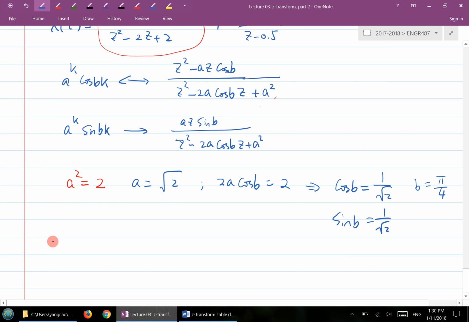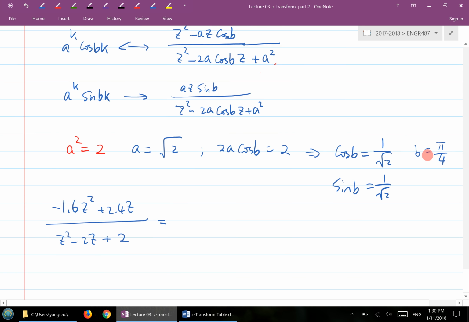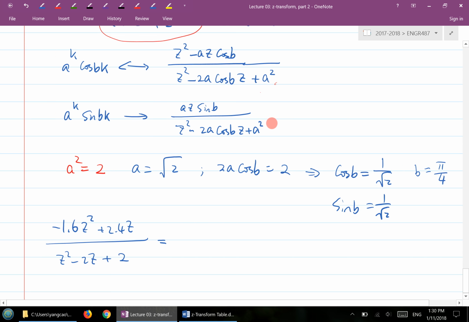Let me rewrite the first term. First of all, the coefficient in front of z squared is not 1 right now, so I will take this negative 1.6 out of the picture, and that gives me a z squared with the coefficient becoming 1.